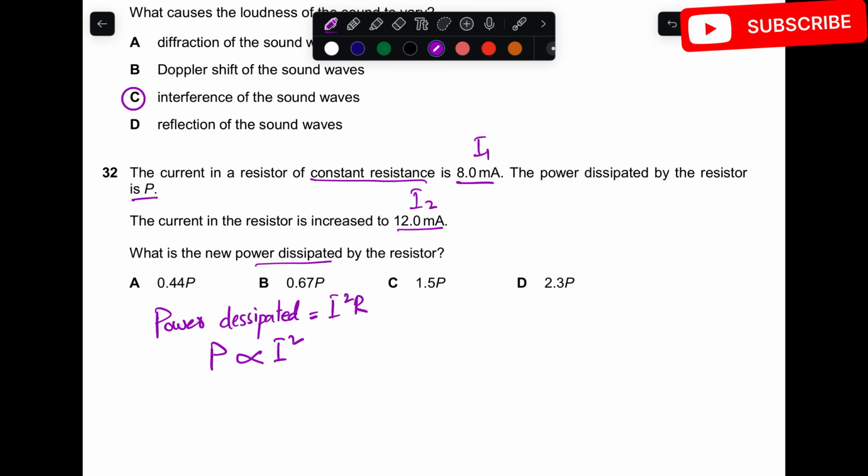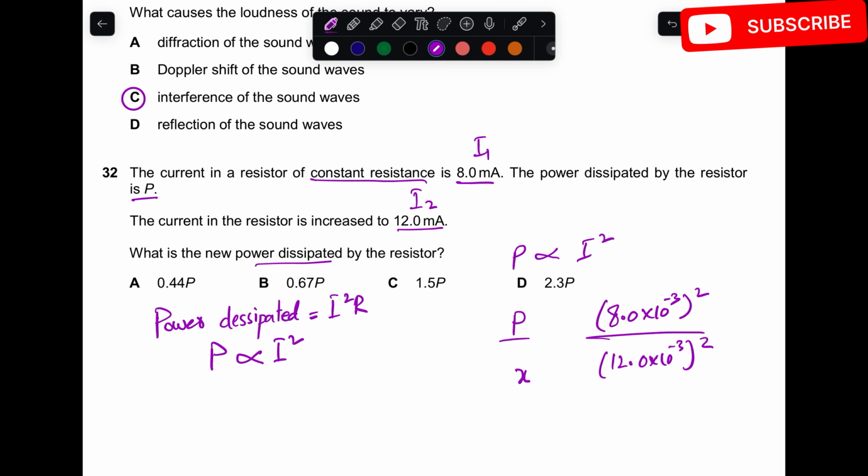So when the power is P, the current was 8 milliampere, and there should be a square on it, because P is directly proportional to I square. Okay, and what will be the power when the current is 12 milliampere?